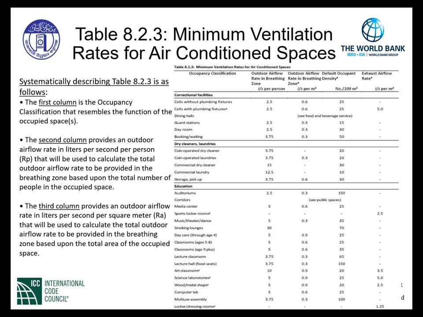We'll do the example again, using the education occupancy classification and again the auditorium space. You can see that we have to provide 0.3 liters per second per square meter of space. Again, this variable goes into an equation to calculate the overall outdoor air to be brought in to the air distribution system in a mechanical ventilation system.